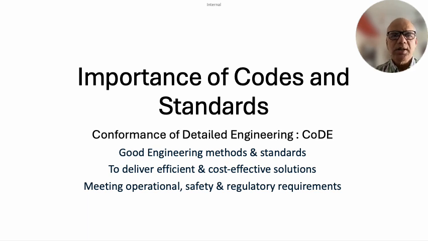So good engineering is a good methoding, or it's following almost 100% of the standard or the code. And to do that, we have to have very efficient and cost effective processes which will offer the solution for that process. And it should also meet the operational, safety and regulatory requirements.